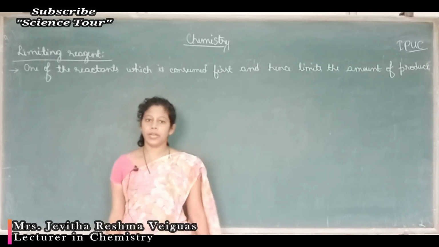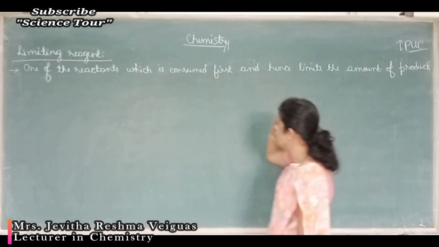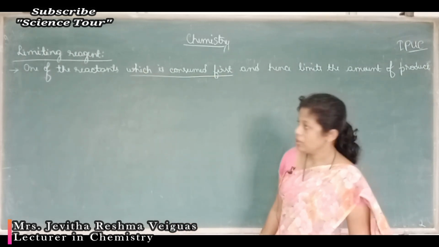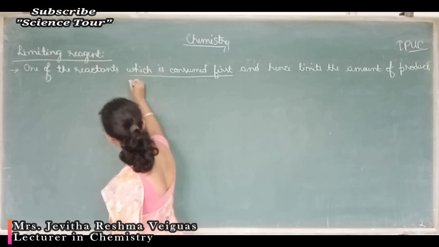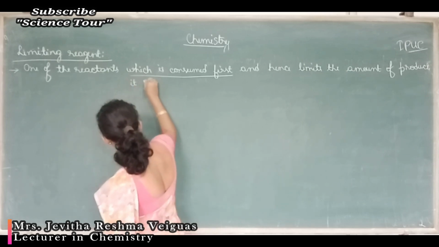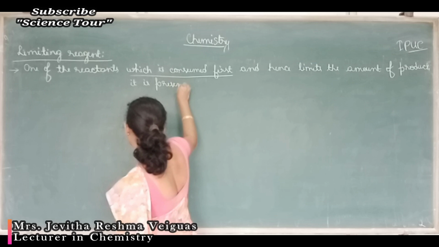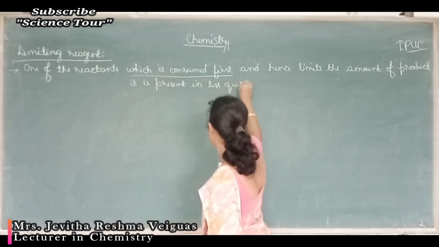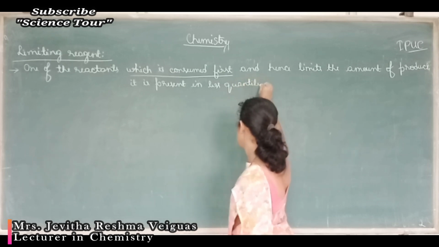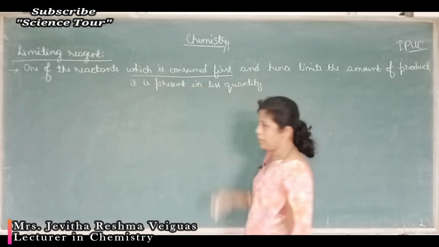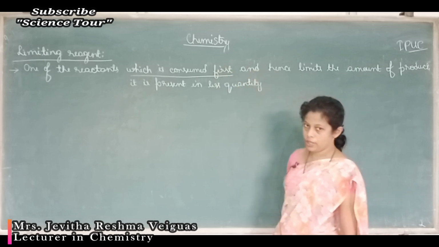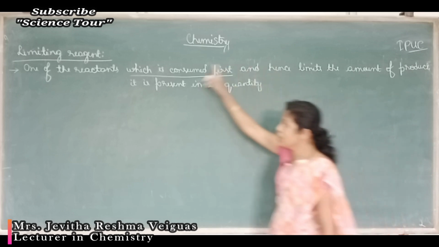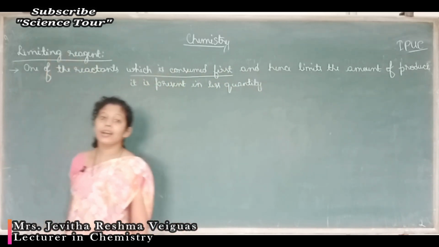It's one of the reactants which is consumed first. It is consumed first because it is present in less quantity. So we can say, one of the reactants which is present in less quantity, hence consumed first, hence limits the amount of product. Such a reagent or reactant is called a limiting reagent.